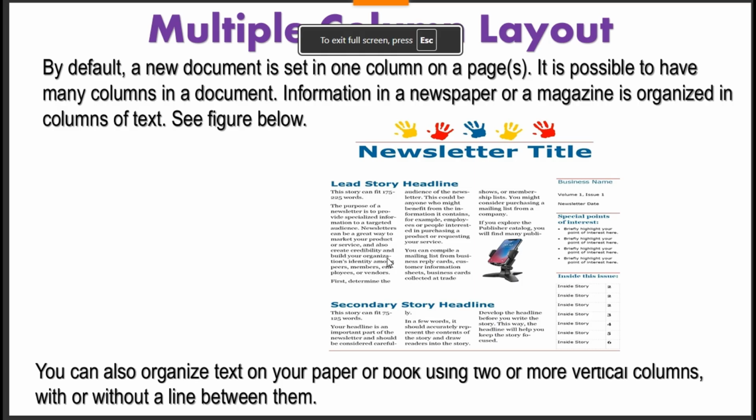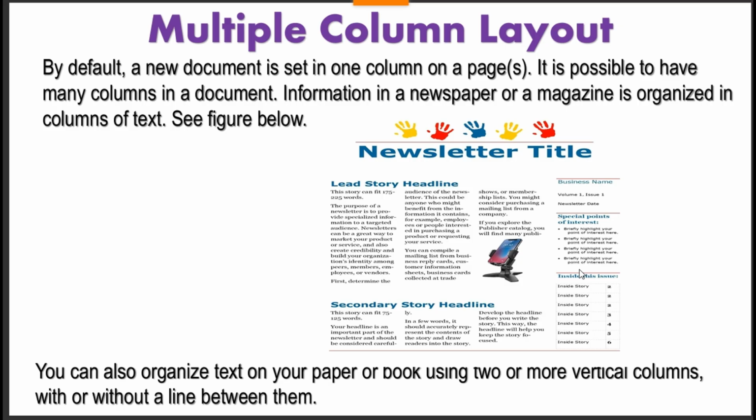Now, in this figure, you can see we have some column layouts. We have 1, 2, 3, and the likes. So these are the multiple column layouts I'm talking about, and this is what we are going to look at right now.